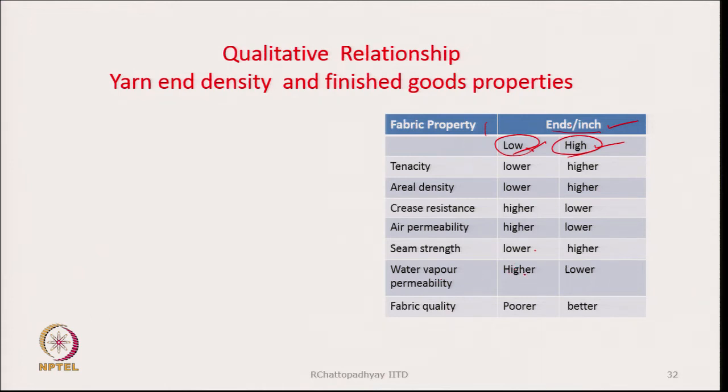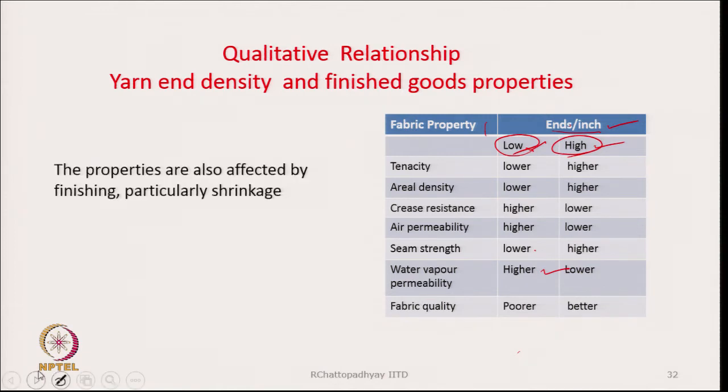So, vapor permeability is going to increase. Similarly, fabric quality is going to be poor if the ends per inch is low, because if we create too much space between the yarns, then the fabric will not be tight enough, the fabric will not be stable. So, that kind of fabric will be poor in quality.